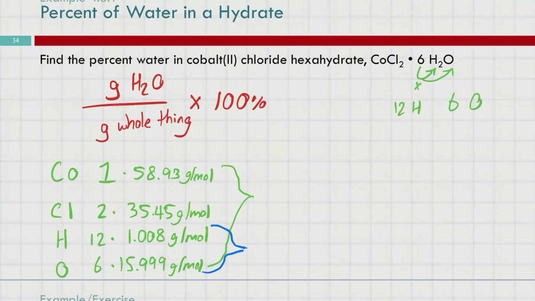The whopping grand total for the whole thing, 237.92 grams per mole. For just the waters, it's 108.09 grams per mole. And what was our fun little secret trick that we could do to get these to grams?